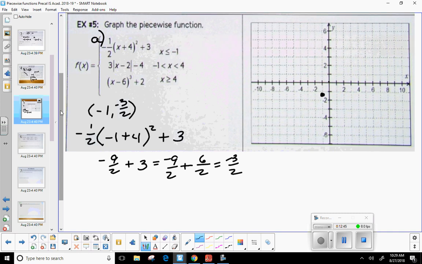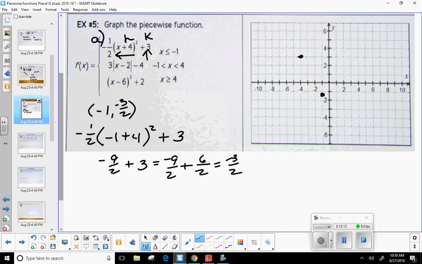You can just look at how it's been shifted. This is your h, this is your k. Can anybody tell me what the vertex is? -4, 3. Because of your transformations, you went 4 left and then 3 up. Okay, so 4 left, 3 up. And that is a point on the graph, so I'm going to make him a closed circle.